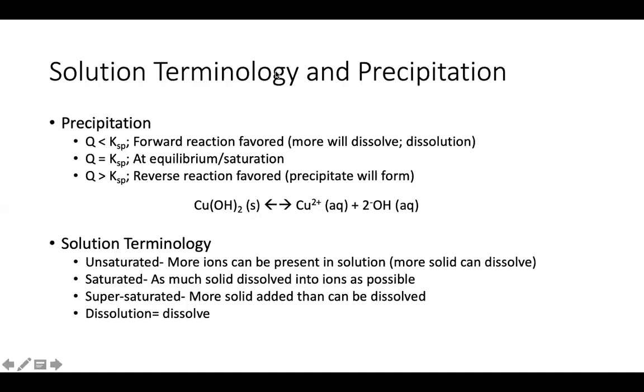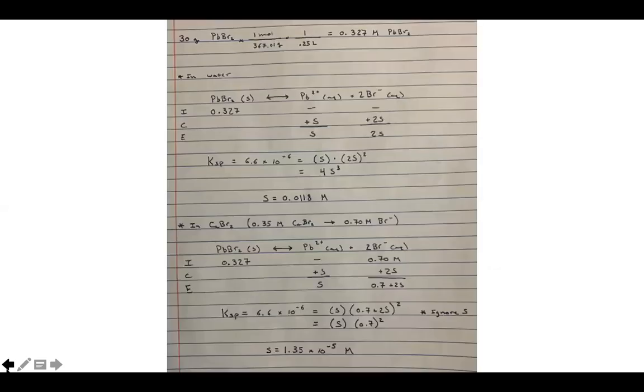Okay, and so basically, if we go back, we can see that lead bromide is more soluble in water than the calcium bromide solution. So if we added, let's say, the same amount of solid to both of these solutions, the water solution and the calcium bromide solution, there would be more undissolved solid at the bottom of our calcium bromide solution than there would be in water.